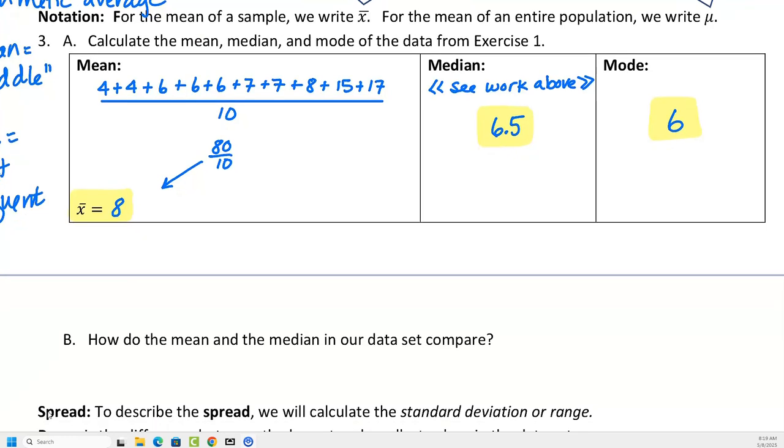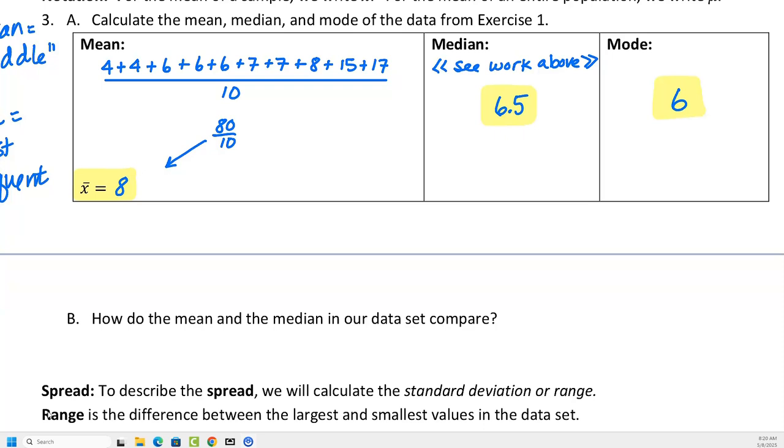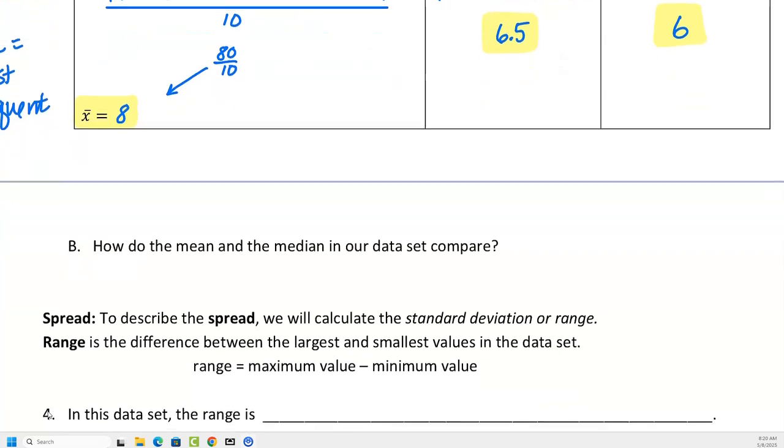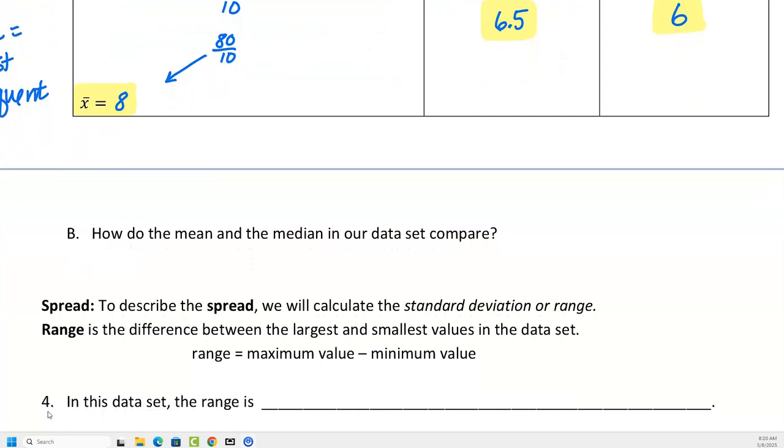How do the mean and the median in our data set compare? So take a look at the mean and the median. The median was 6.5. The mean was 8. So isn't the mean greater than the median? So I'm going to say here, the mean is greater than the median.